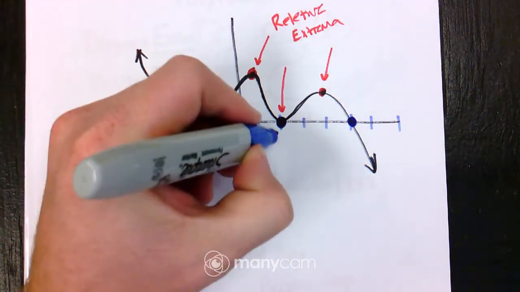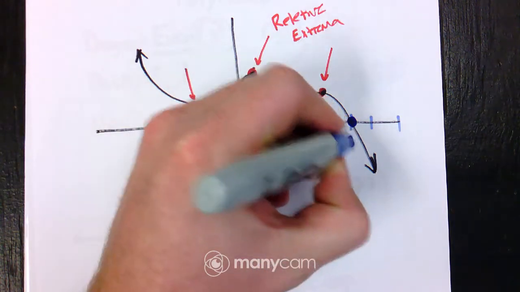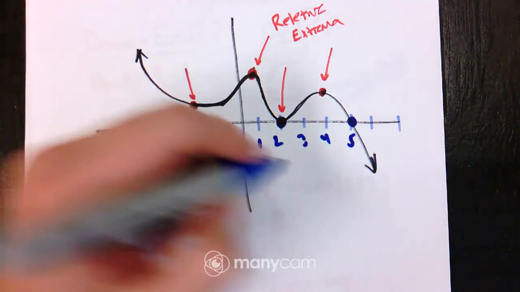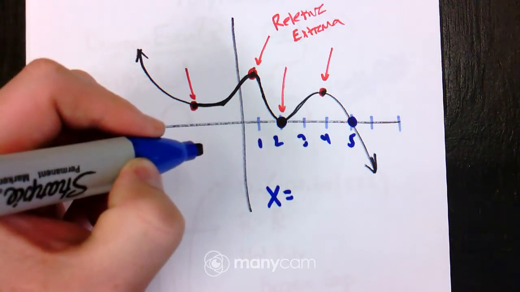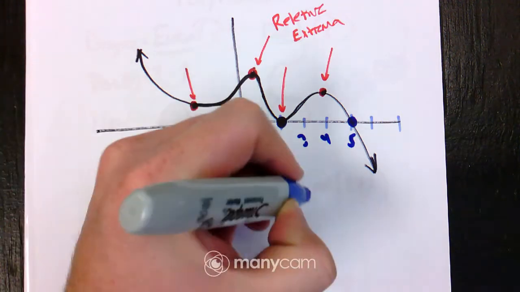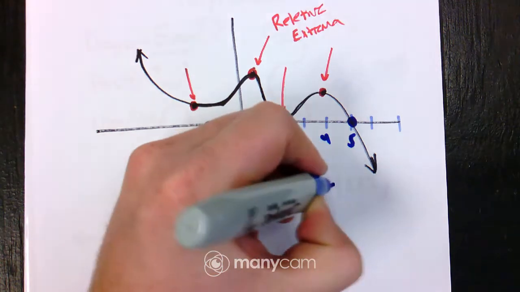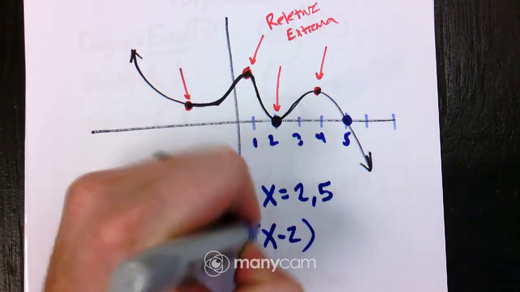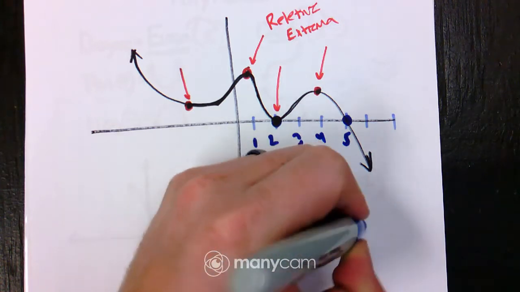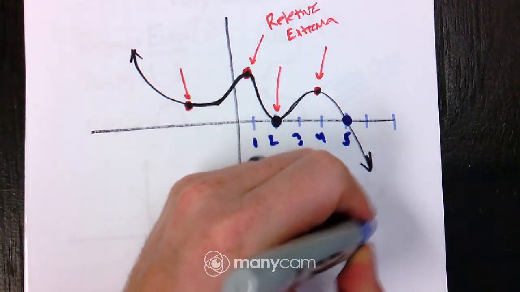Let's just call it 1, 2, 3, 4, 5. X equals 2 and 5. Or x minus 2, x minus 5.